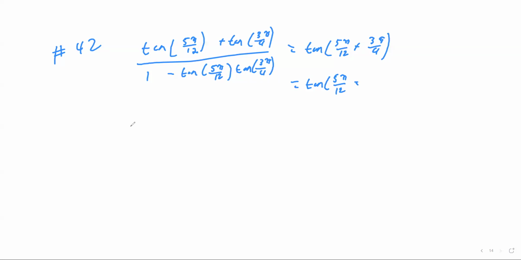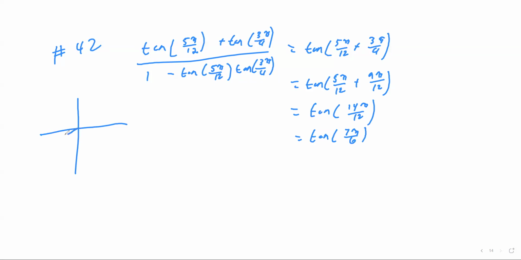That would be 9 pi twelfths, which tells me that's the same thing as tan of 14 pi twelfths, which is the same thing as tan of 7 pi sixths. 7 pi sixths would be located right here. So 7 pi 6 will be right after that.